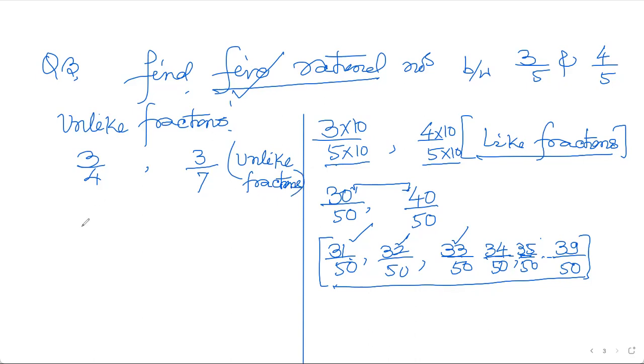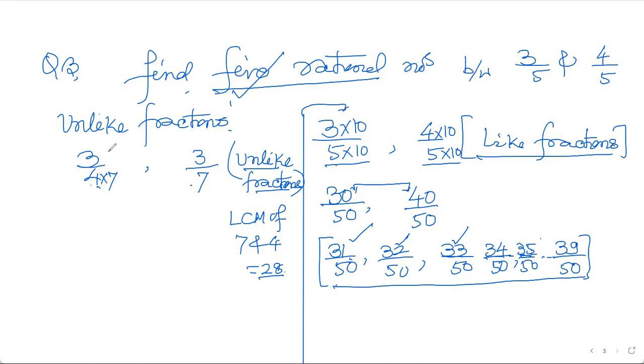So how to change them into like fractions? The first step should be to change them into like fractions. So take the LCM of 7 and 4. The LCM of 7 and 4 is 28. So make it 28 first.